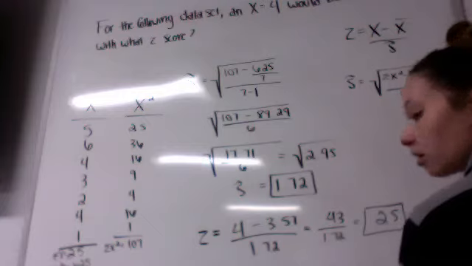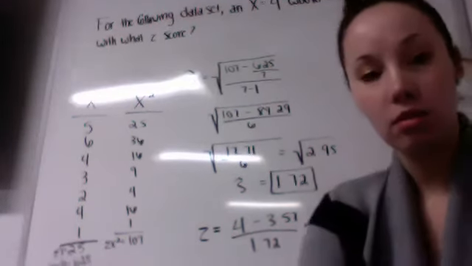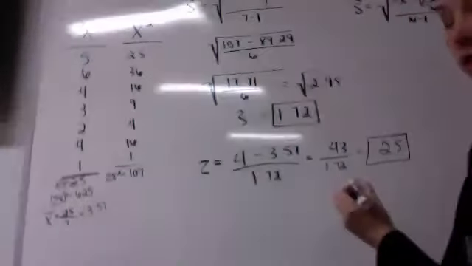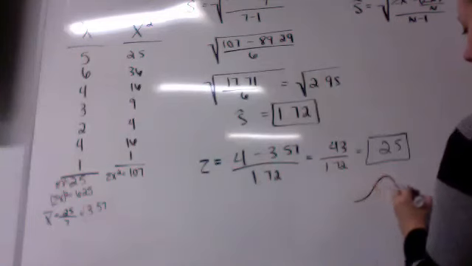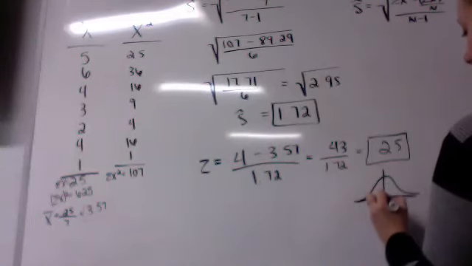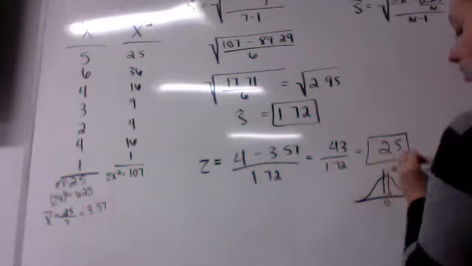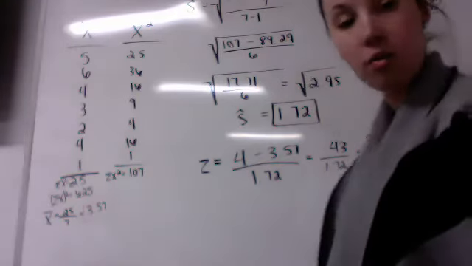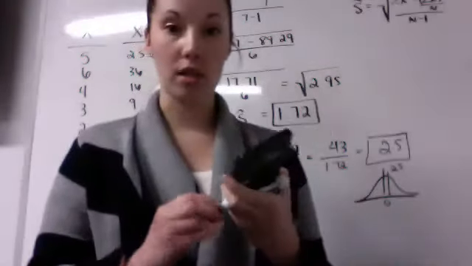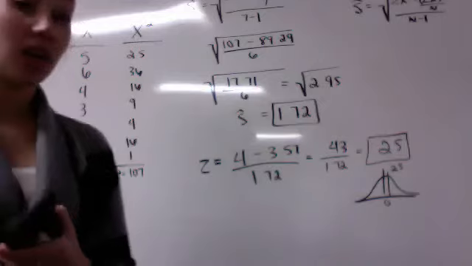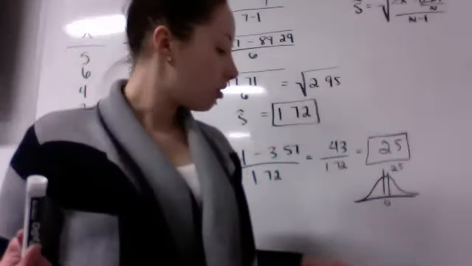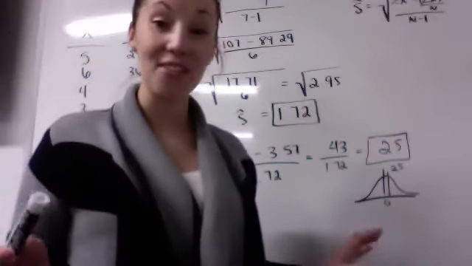And if we plot that on the graph, it looks something like this, 0.25, very close to the mean. So that's how you would do a problem like that from raw data. And again, if you have any questions about these types of problems, feel free to email me.